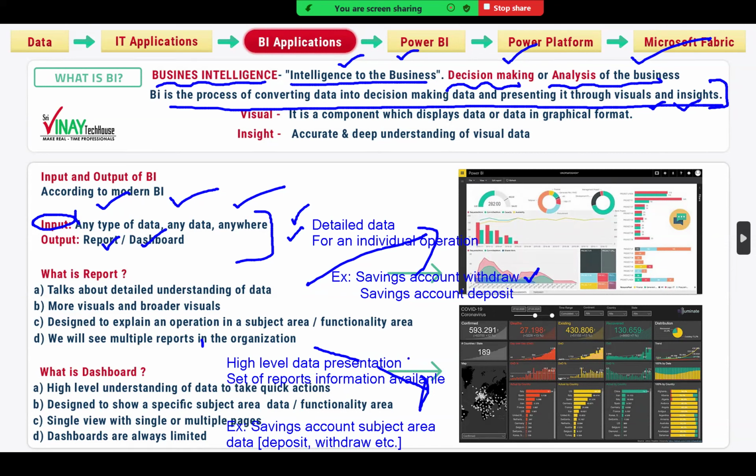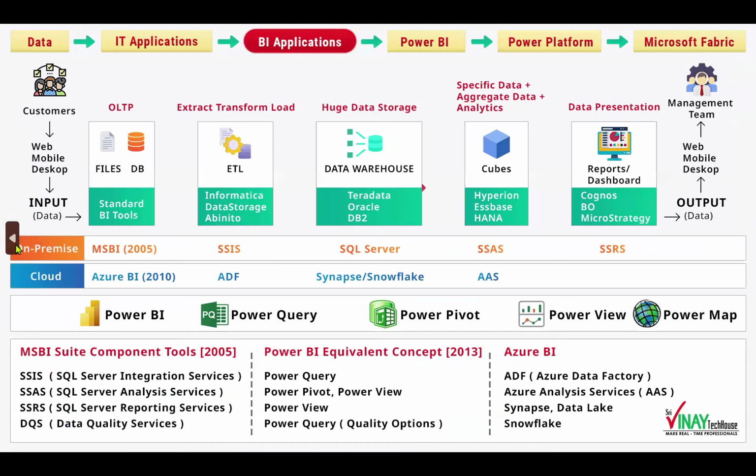Savings account. Got the difference between report and dashboard? So you guys will generate in real time, either individual operation presentation or set of operations presentation. But it's not that easy converting data into output. We have a process. The process I will explain and the history I will explain. Stay tuned.